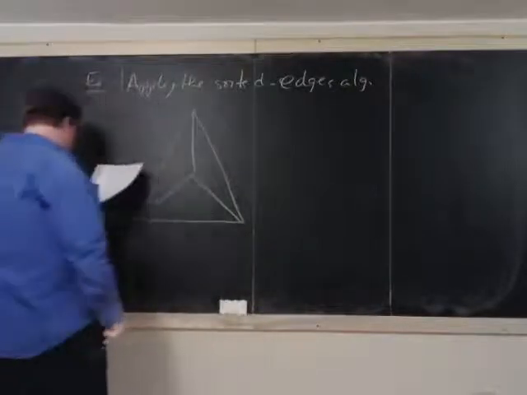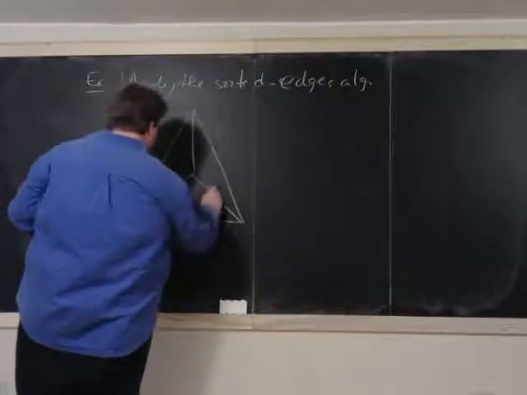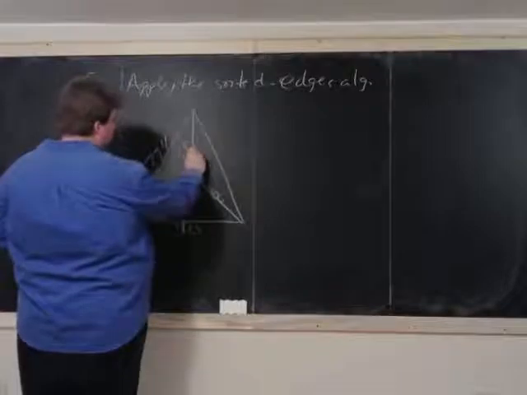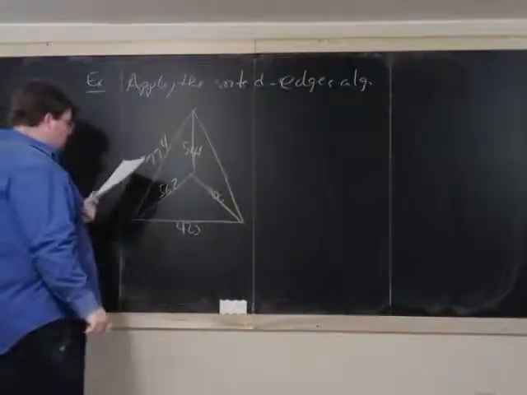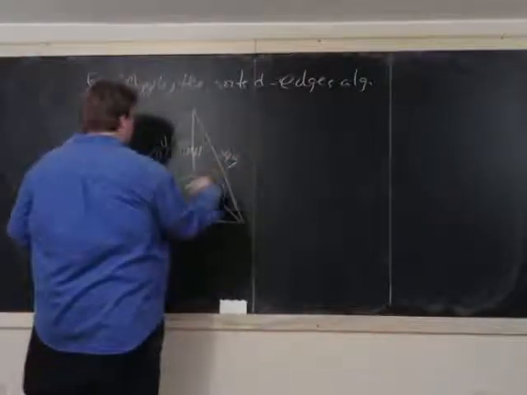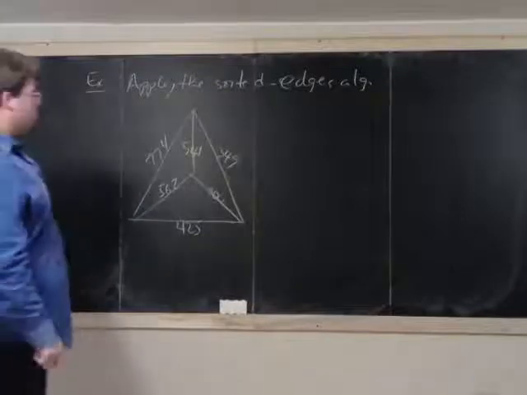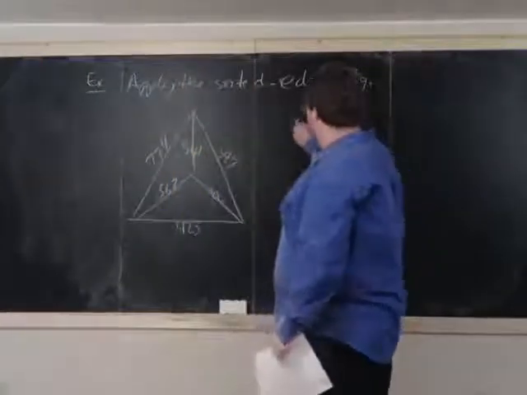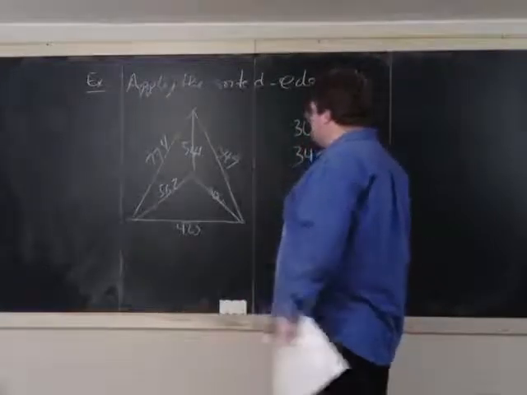I'm not going to label the vertices now. And what are these numbers? 425, 300, 774, 541, 562, and the other is 349. So apply the sorted edges. So the sorted edges just says list all these costs in order of increasing cost.